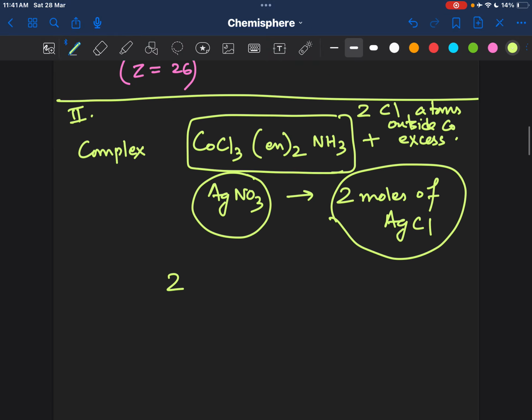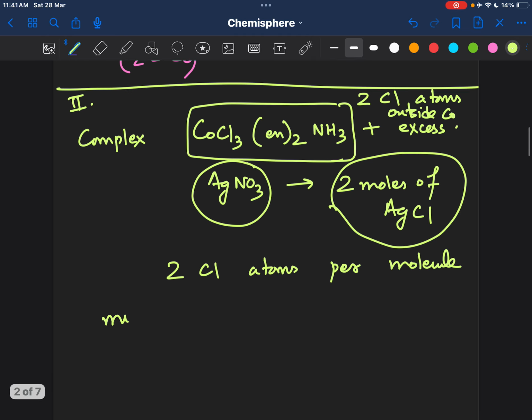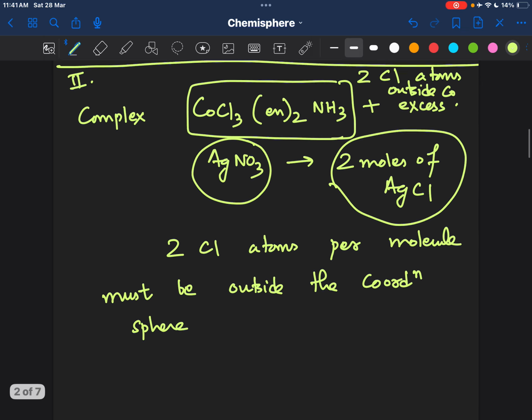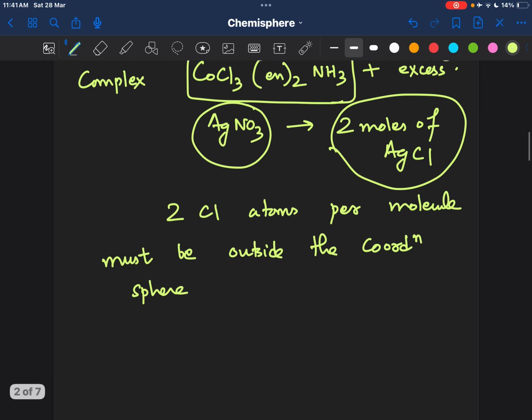From this information, 2 Cl atoms per molecule must be outside the coordination sphere. I will explain why.